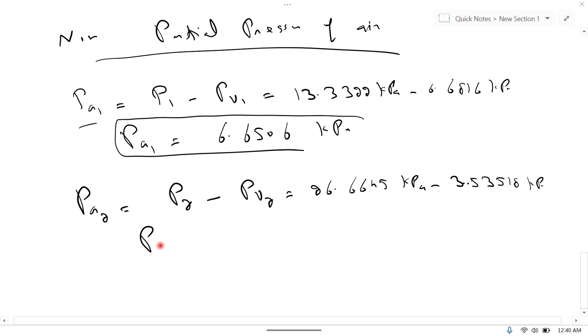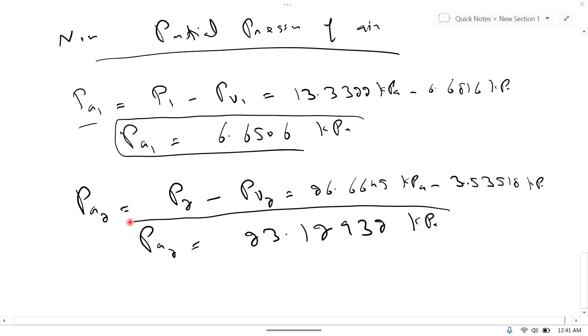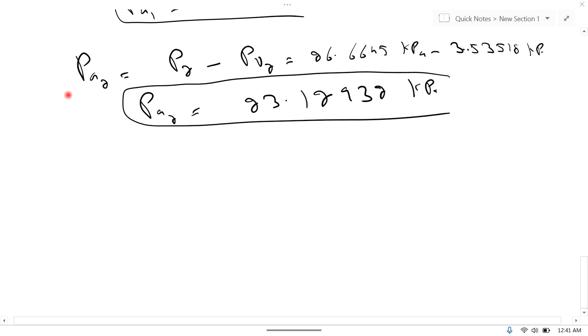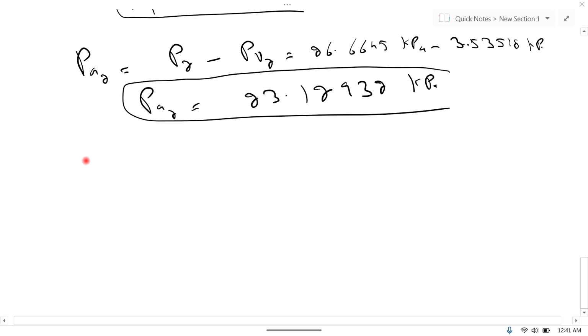So pressure of air finally is equal to 23.12932 kilopascal. Now we can easily find MA1, mass of air initially, and MA2, mass of air finally.